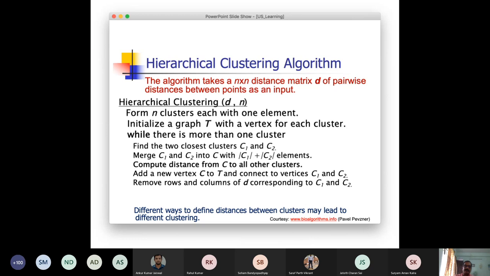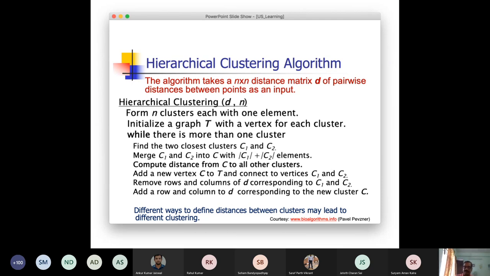In the distance matrix, you do not require the rows and columns of C1 and C2, because it is sufficient to have the information of the merged cluster itself, as you are representing the distance from it to all other clusters. So you can replace them by those new distances.